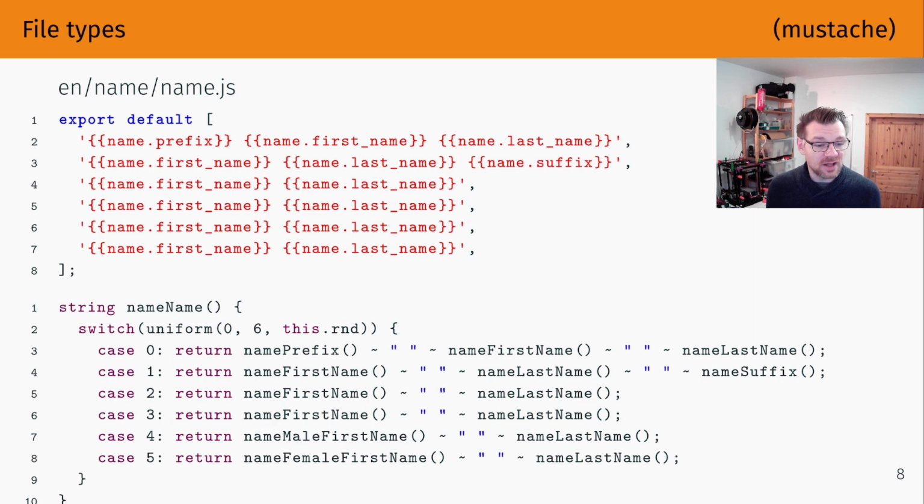So on line 3 of the name function on the D side, we take the name uppercase P prefix and concatenate that with a space, then take the first name, concatenate it with a space, and take the last name. And then rinse and repeat for all the different versions.